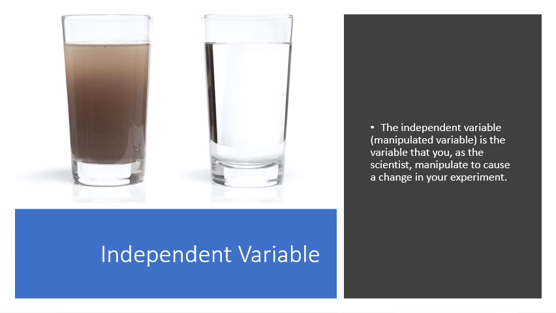This is the one that you want to see having an effect. In this case, a scientist might be interested in the effect of dirty water on something. So the variable is the water quality. Is it dirty? Is it not dirty? That's the one the scientist is interested in exploring. That's the independent variable.